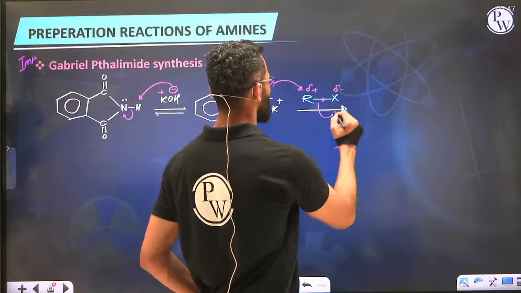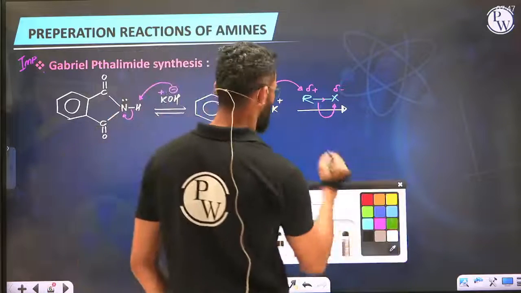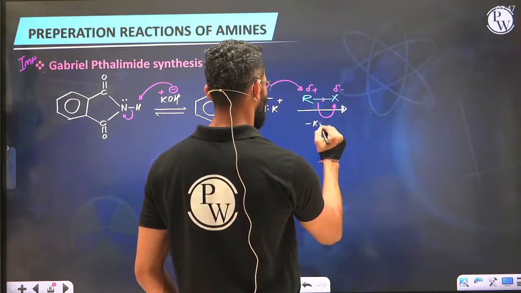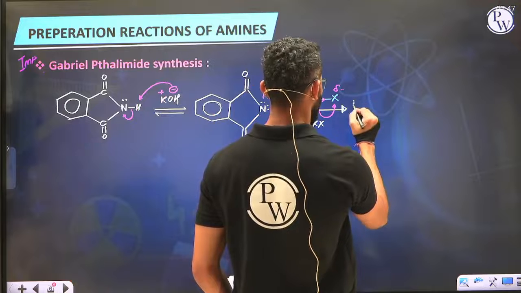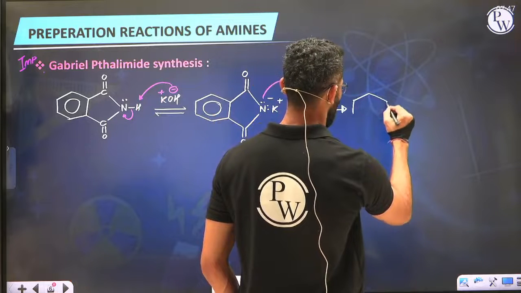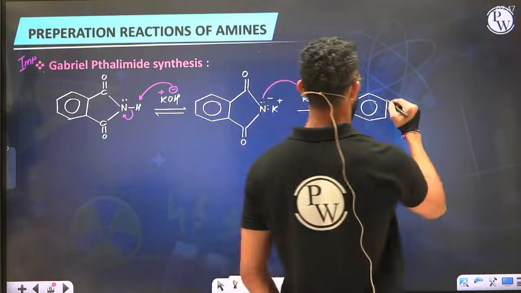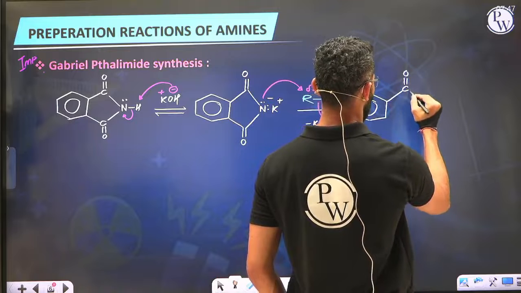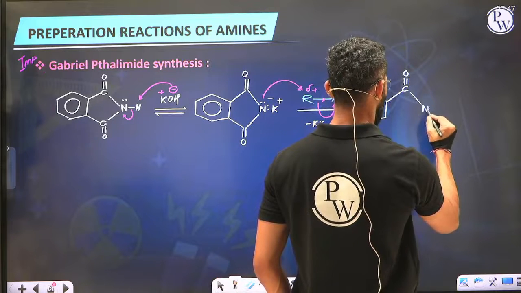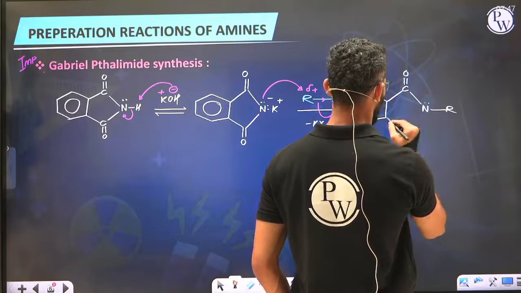So X minus leaves along with K to give KX. See what we have got: N carrying the alkyl group, with the lone pair intact on it.